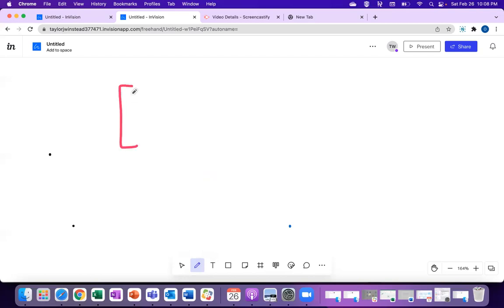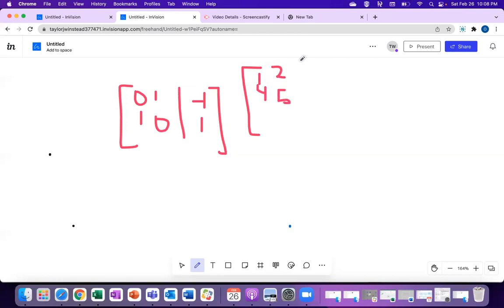So if we've got an example where we've got something like 0, 1, 1, 0, and then negative 1, 1 times 1, 2, 4, 5, 7, 8, 3, 6, 9.